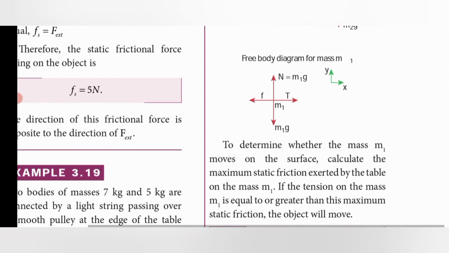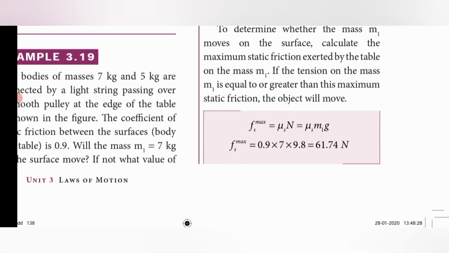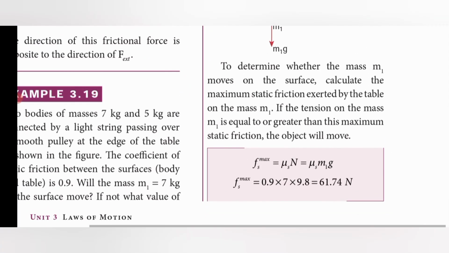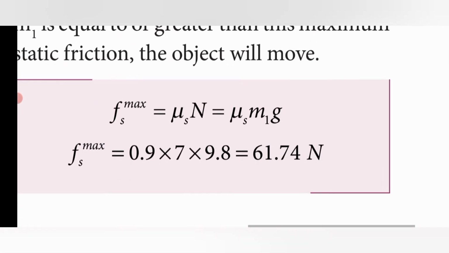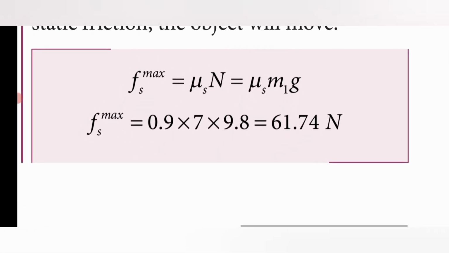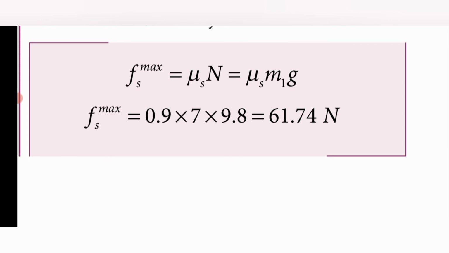So first of all we have to find out the static friction, that is the maximum static friction value here. So we have to calculate the maximum static friction that can be produced according to the equation f_s maximum is equal to mu s into N. Here the mu s is given, static friction value 0.9, into the m1 value, 7 kg, into gravity, the general value 9.8.